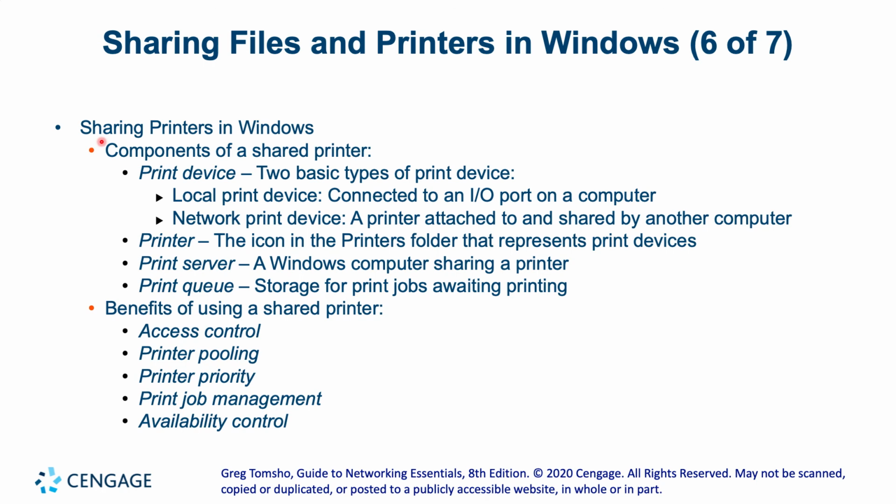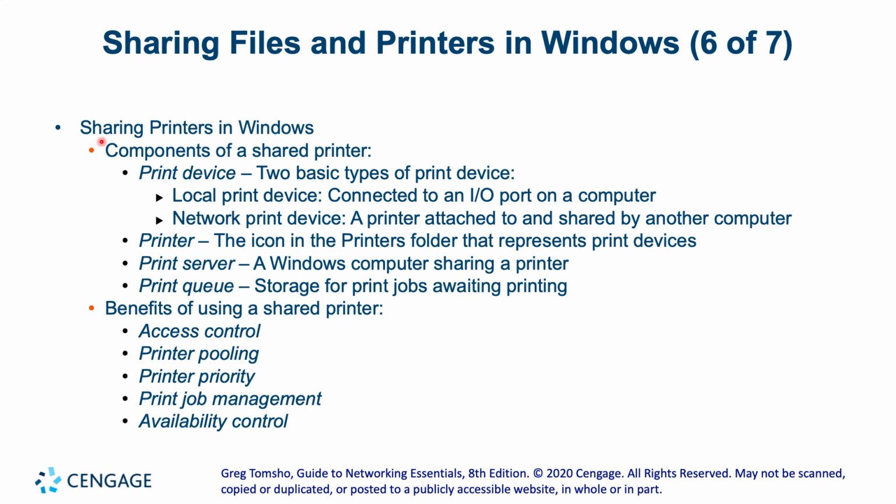According to Microsoft terminology, the print device is the actual hardware where the print job comes out. The printer is the icon in the printers folder inside of Windows. The print server is the Windows computer that is holding the print job to be printed. And then the print queue is the storage where the print jobs are waiting to be processed.